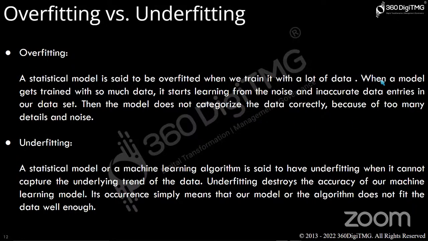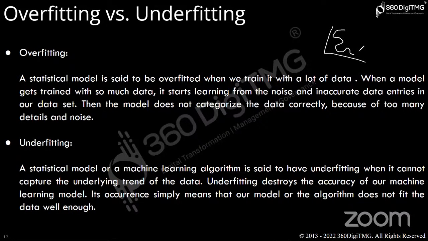When the model gets trained with so much data, it starts learning from the noise as well, and incorrect data entries in the data set. Then the model cannot categorize the data correctly because of too many details, because it has integrated them.